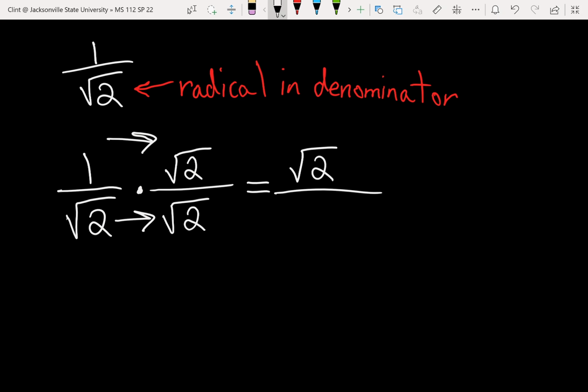We've got square root of 2 times square root of 2. That would be square root of 2 squared. What's nice about that? We have a square root and we square it. What do we get? Square root of 2 squared just gives us the 2 back, I guess.